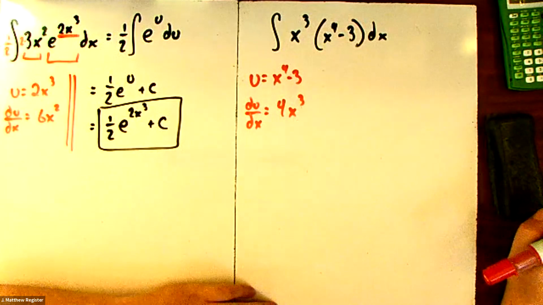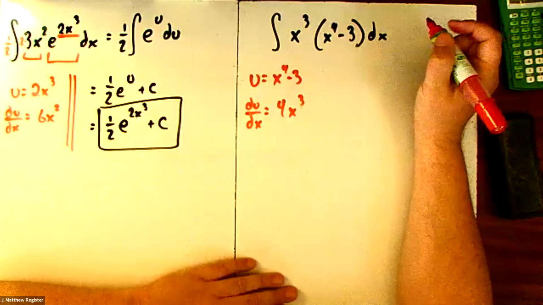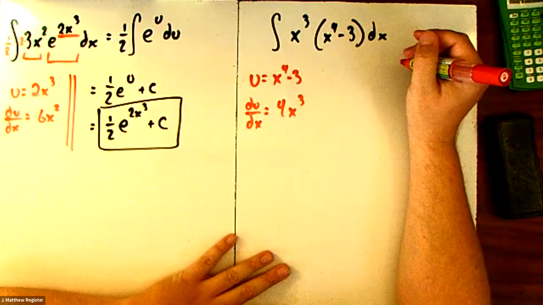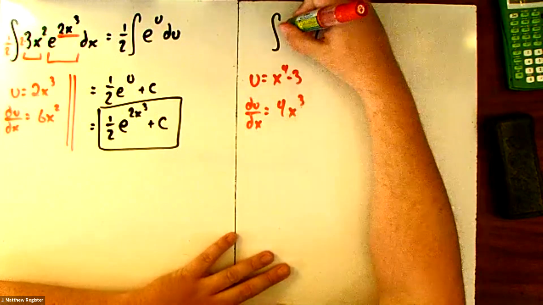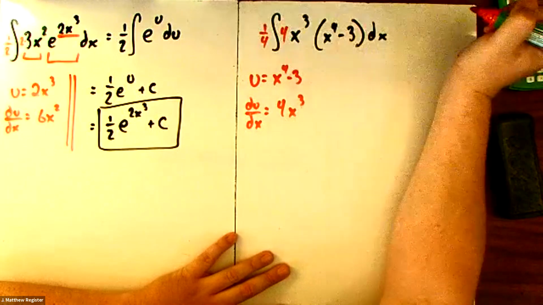Like I mentioned before, a couple of sessions ago, you're going to get your derivatives and integrals mixed up all the time. And it's just going to be one of those things that you're going to have to practice with. And so we need that 4 in here. And so to balance it, we need a 1/4.